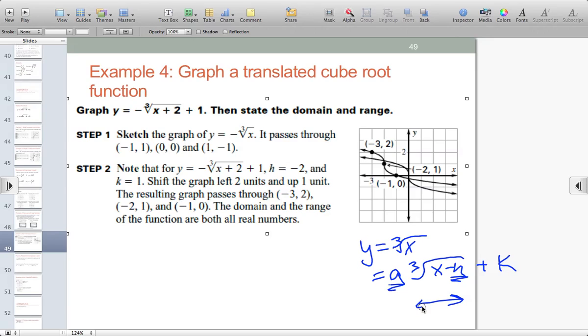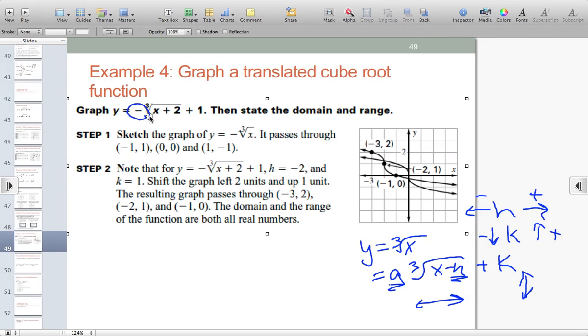So that's a good way to recognize horizontal movement: h for horizontal. k, unfortunately there's no nice little trick there, but k tells us how far up or down. If h is positive, we're going to move to the right, and if h is negative, we would move it to the left. If k is positive, we're going to move it up, and if k is negative, we move the graph down. So let's take a look at our graph.